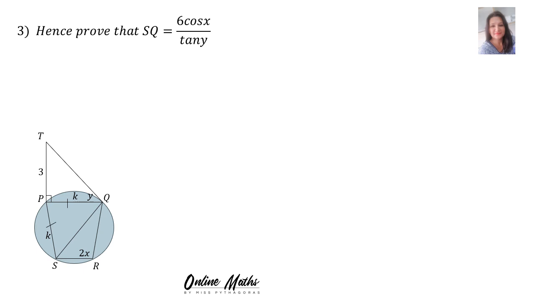Question 3. Hence, prove that SQ is equal to 6 cos x over tan y. So now, in the right angle triangle TPQ, to include the 3 and the y, we can say that tan y is equal to TP over PQ, because tan's ratio is opposite over adjacent.